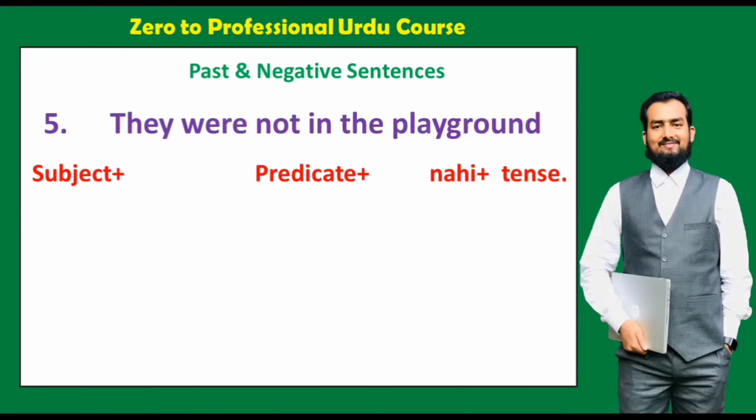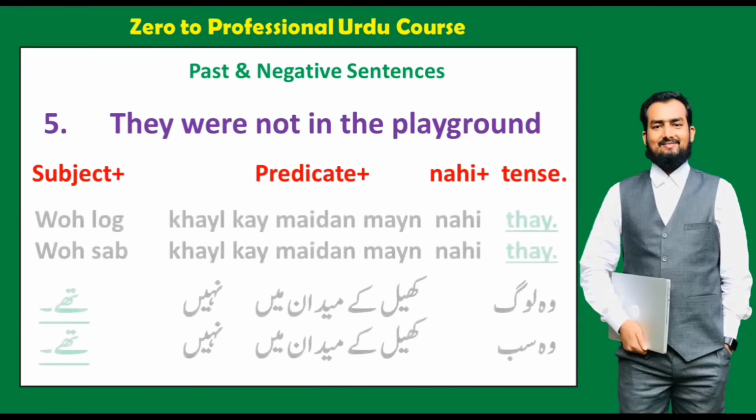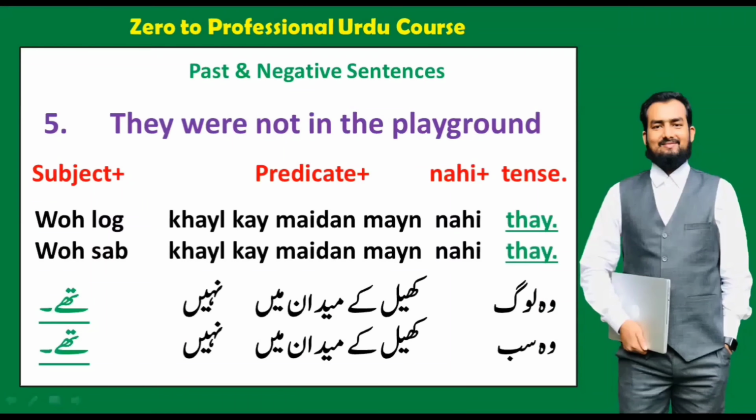And the next sentence is they were not in the playground. How will you say? We will say वो लोग खेल के मैदान में नहीं थे. And we can say वो सब खेल के मैदान में नहीं थे.